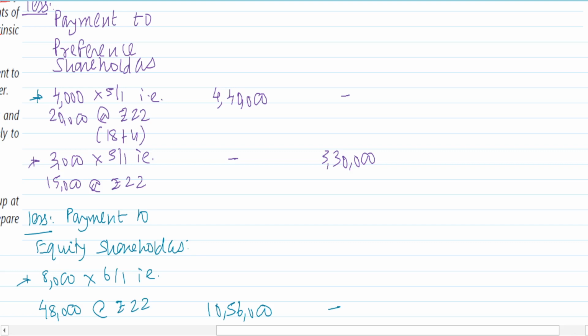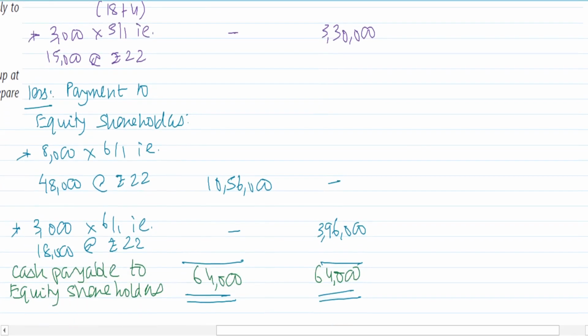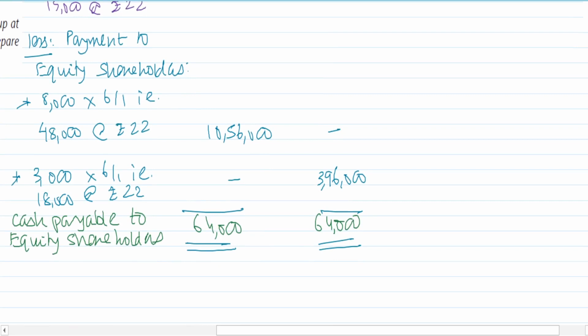Preference shareholders over here. Payment to the equity shareholders over here. Right.